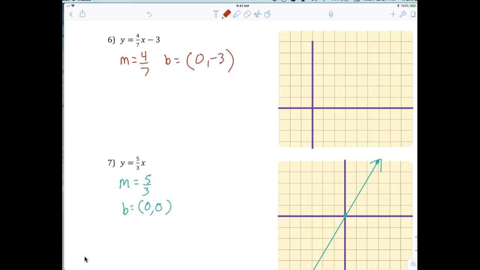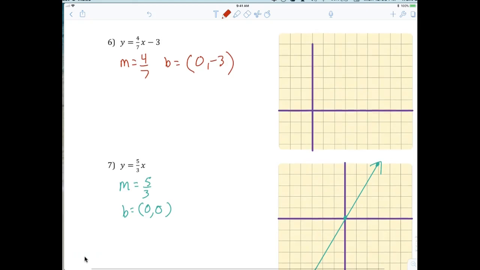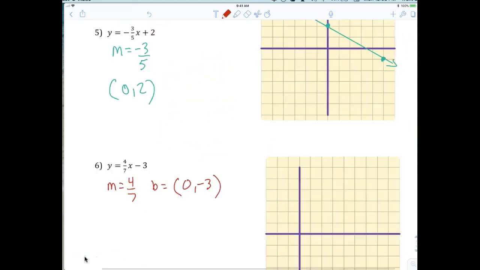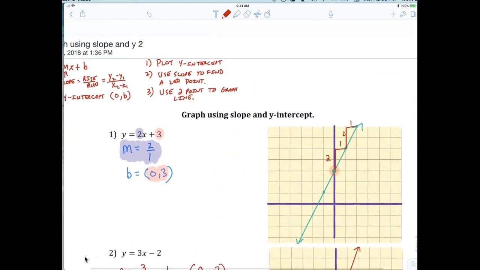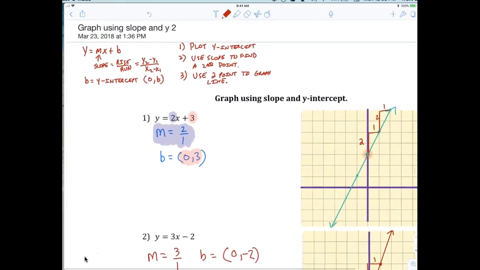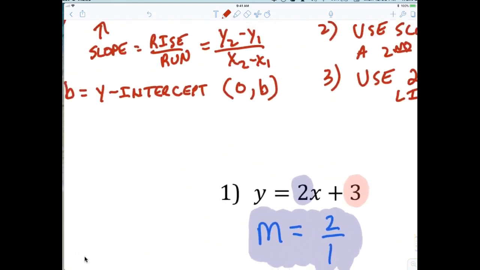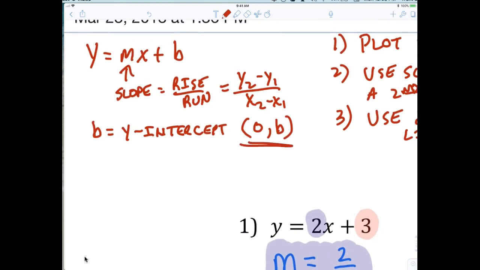I really don't understand this. Okay, so you're with me so far, right? How'd you get a 0 to -3? Were you here when we talked about the y-intercept is always 0, b? Yeah. B is this point right here. Oh, so B is always the, yeah, always.